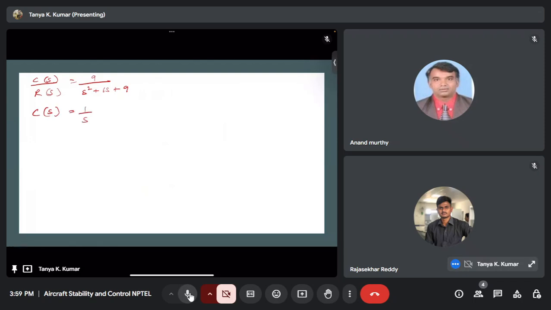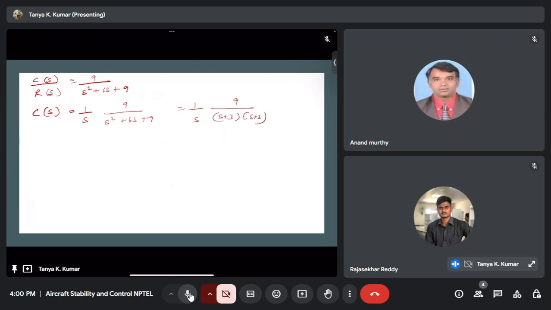So you have 9 by S squared plus 6S plus 9. Here the denominator can be easily split as S plus 3, S plus 3. Right? So you can split it easily.